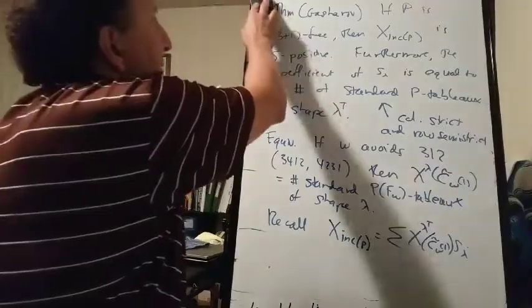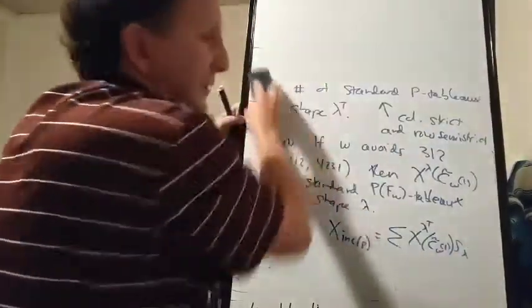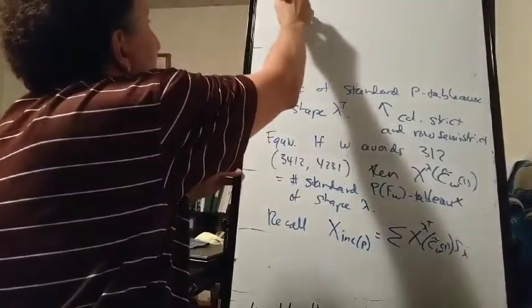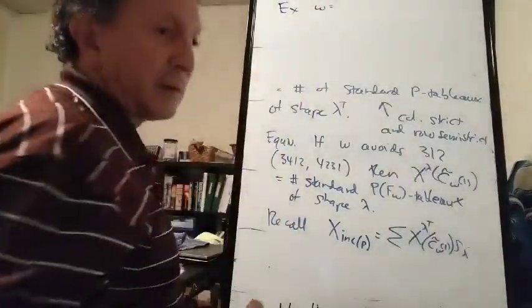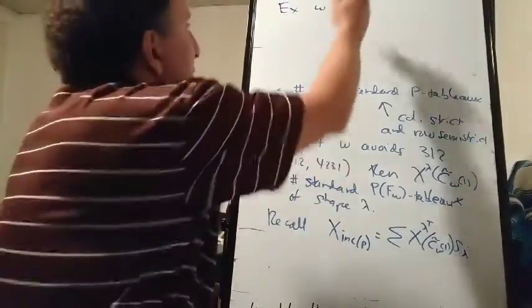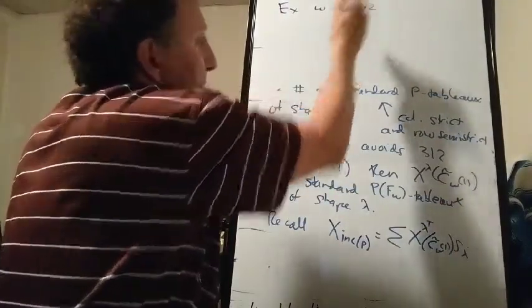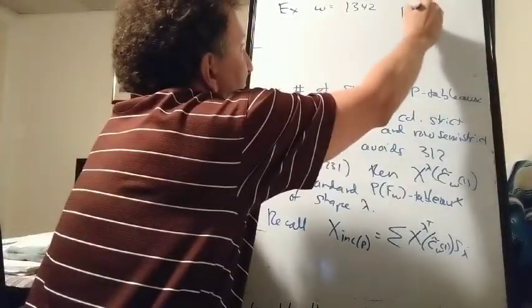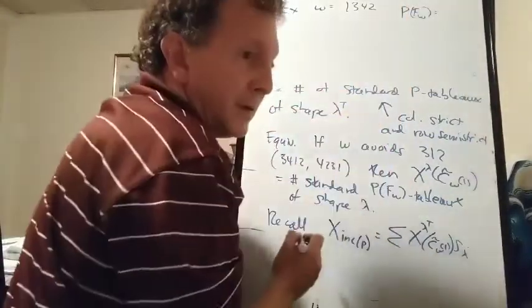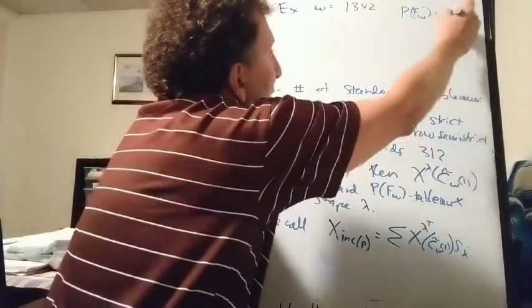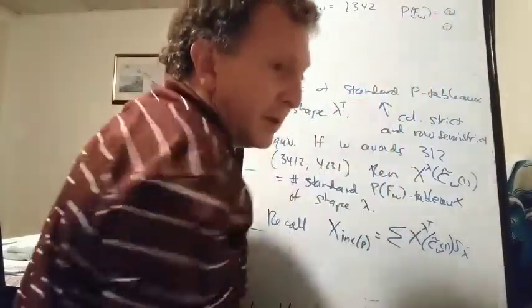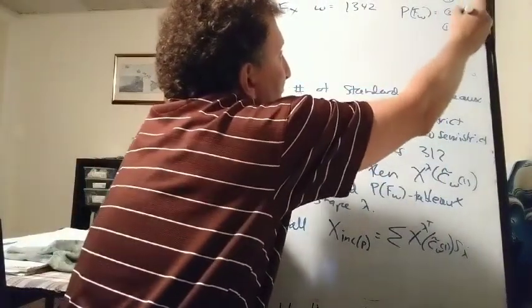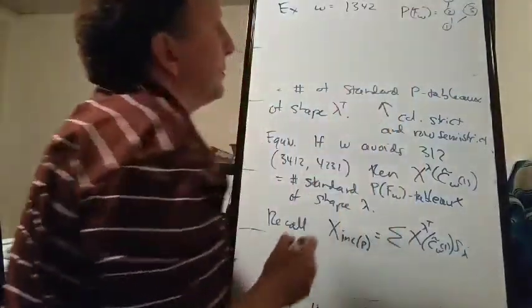So let's do an example of this. Let's use the same example we used for induced trivial characters. Let's look at w equals 1342. So the poset is: 1 is less than 2 is less than 4. 3 is incomparable to all of them except that it's greater than 1.